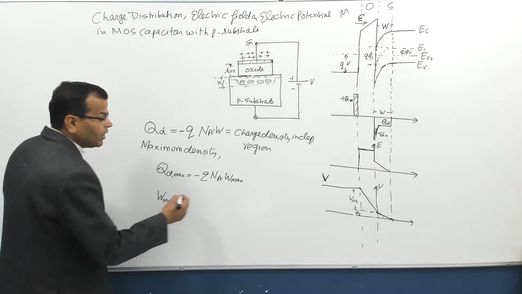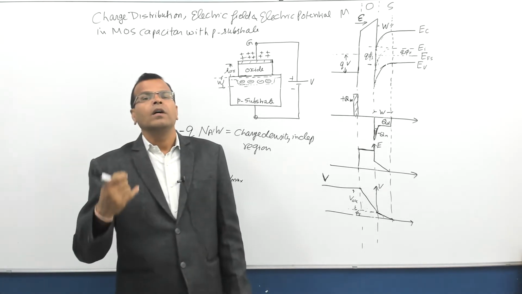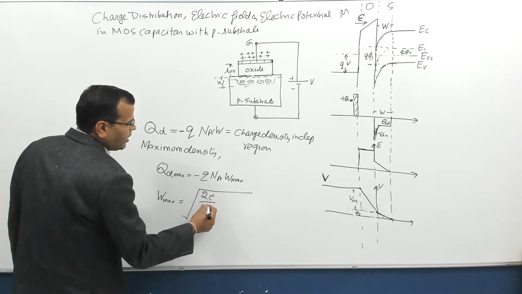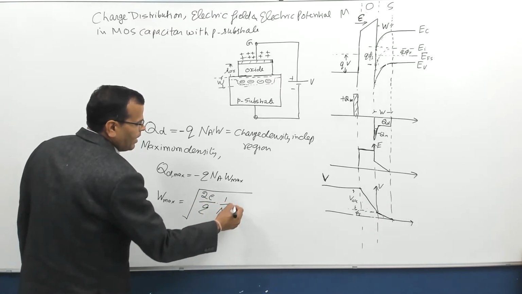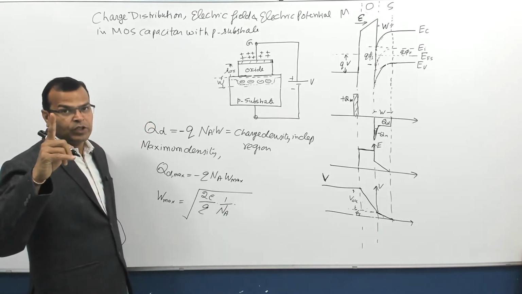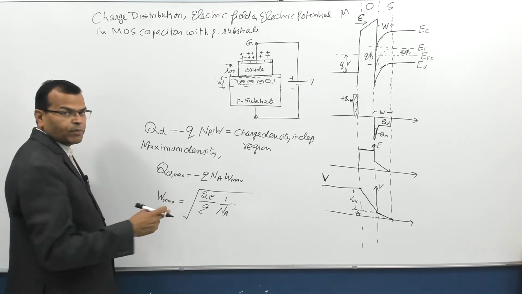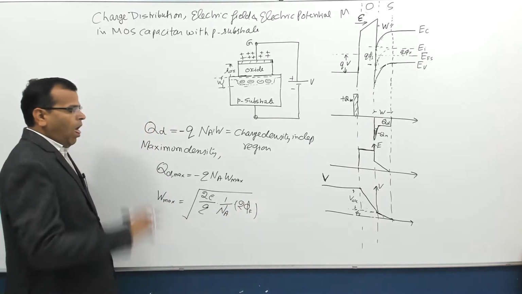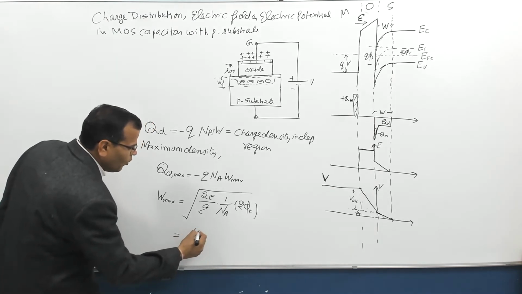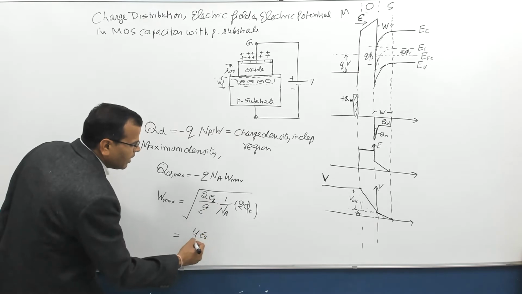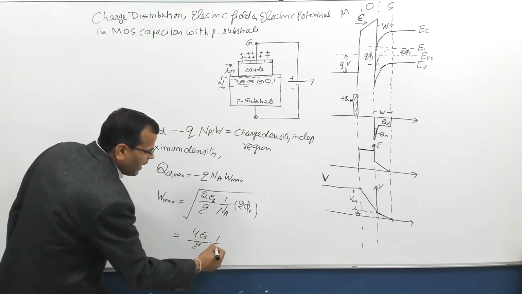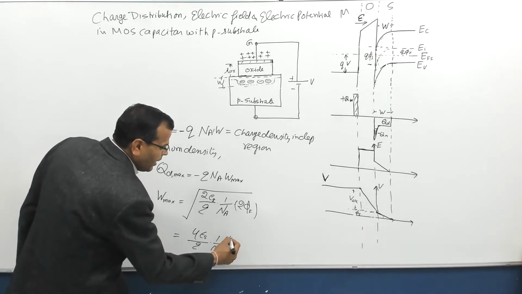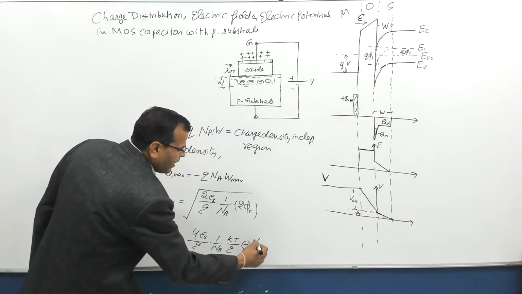The maximum value of the depletion layer width, in my previous video, if you have seen it carefully, the expression of W max is under root 2 epsilon by Q into 1 by NA into the surface potential, and that surface potential for strong inversion is 2 phi F. I will rewrite it as 4 epsilon S by Q into 1 by NA, where epsilon S is the permittivity of the semiconductor, and phi F for a P substrate is KT by Q in ln NA upon NI.